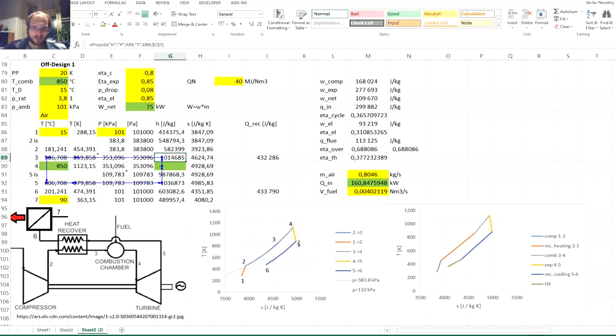So before we know the temperature at point 5, we cannot know the temperature at point 3. What we can do, or what we will have to do later, is establish an iterative calculation.